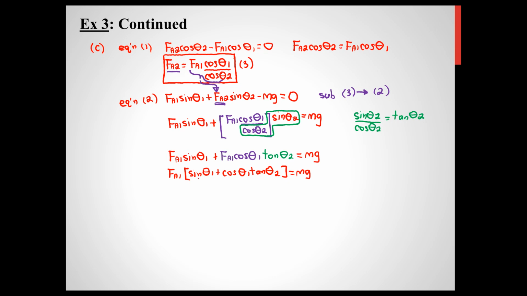To solve this equation, you're just going to divide both sides of the equation by everything in those brackets. So that's going to give me FA1 would then be equal to mg divided by sine theta 1 plus cos theta 1 times tan theta 2.